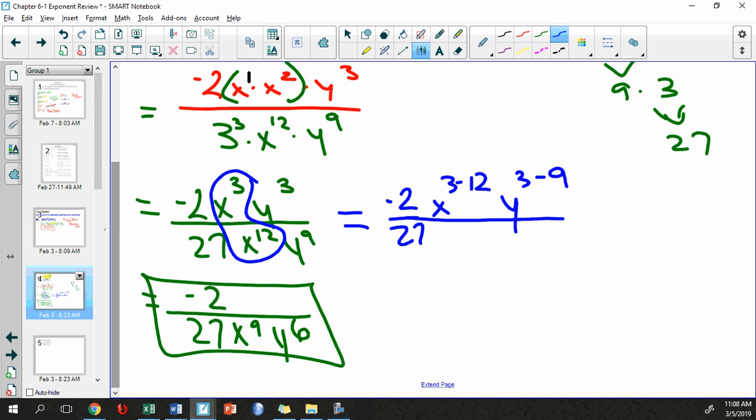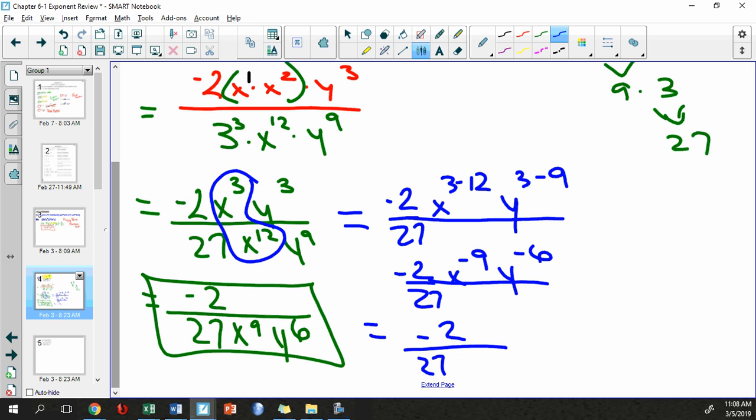So you're going to have 3 take away 12, which is going to be negative 9 and negative 6. But those are where? In the top. I need them to be positive, so where am I going to put them? In the bottom, to give you negative 2 over 27, x to the 9th, y to the 6th. Exact same answer with a different thought process.